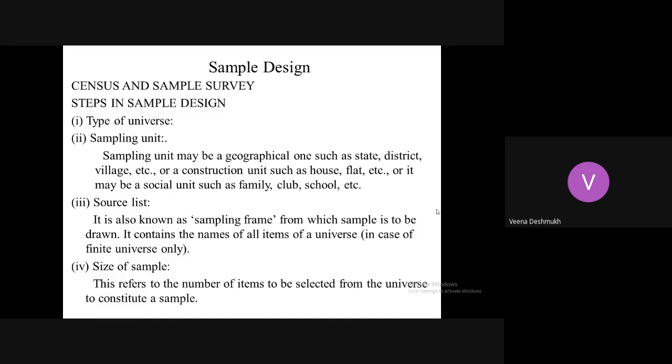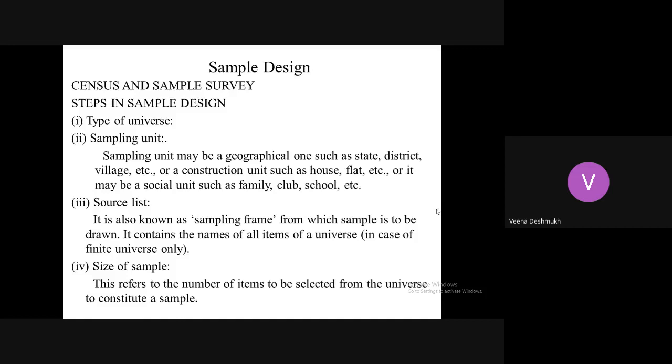Next parameter is size of sample. This refers to the number of items to be selected from the universe to constitute a sample. So size of sample means how many people are there. If you know the sampling frame, then you can decide. If it's a club where around 100 people are there above this age group, then under such cases, you need not take all the 100 people into account.